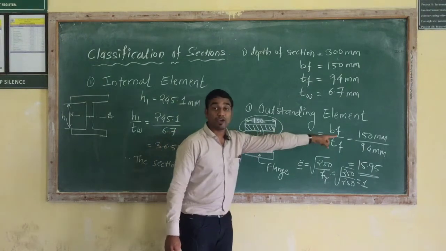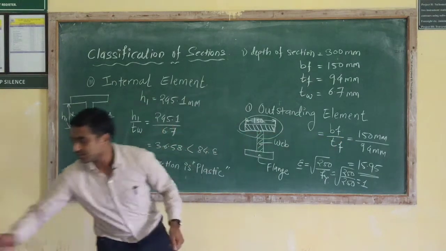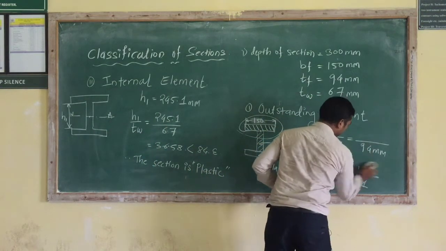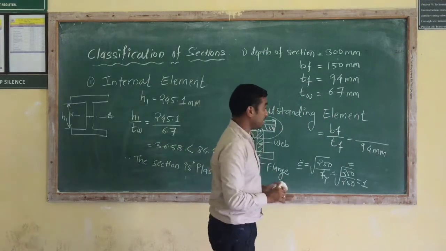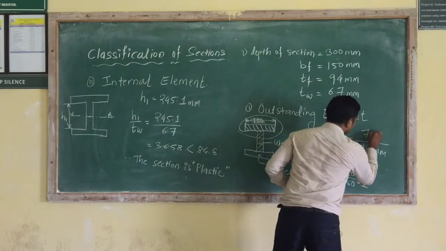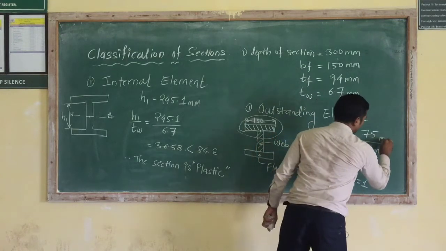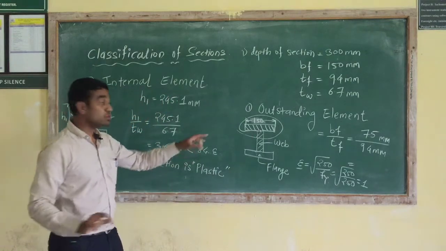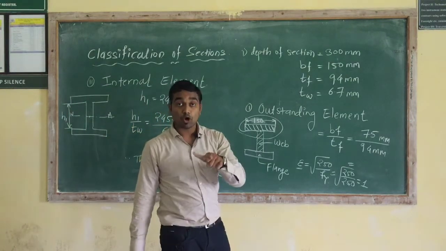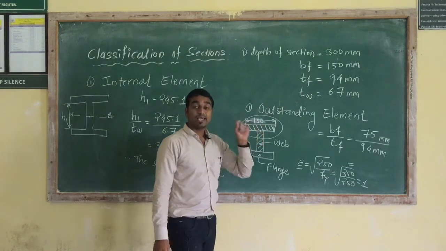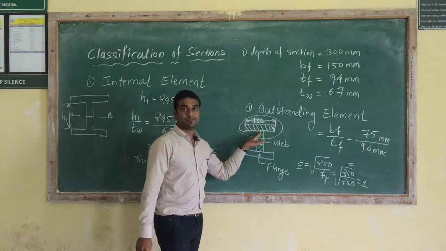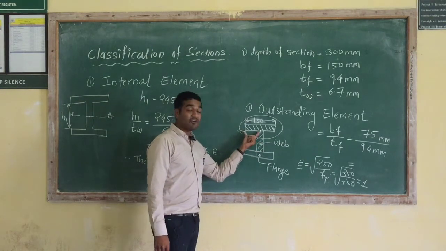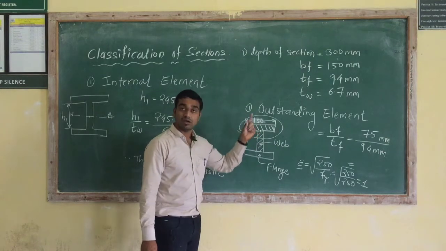That's why this value becomes half, not the full 150 mm, but 75 mm. Why am I using 75 mm? Because this outstanding element is connected at the midpoint. That's why I am taking the half value for the width of the flange.